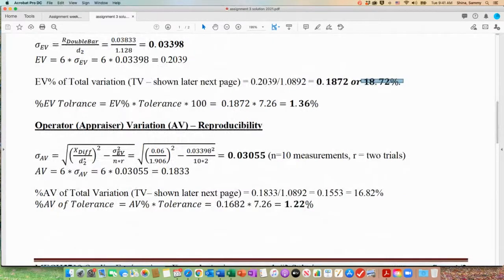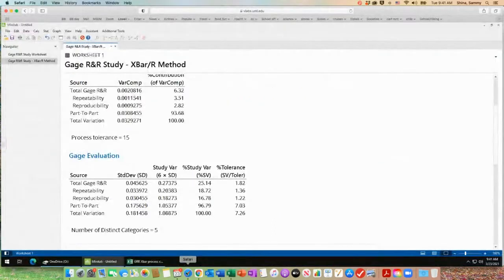And there is the reproducibility, 0.355, 16% of the total variation, and 122 of the tolerance. We go back to our gauge evaluation, and you can see the same numbers we did. 136, 122. So it matches exactly what we did.